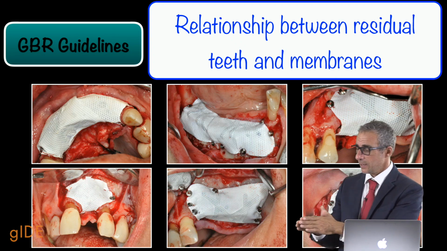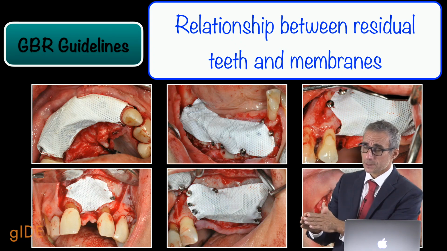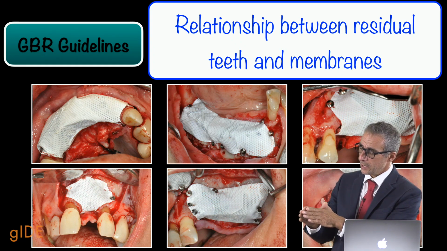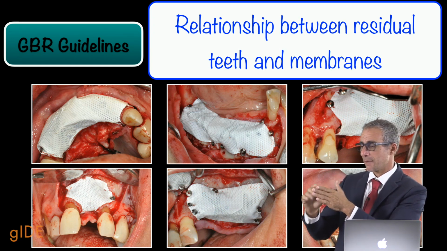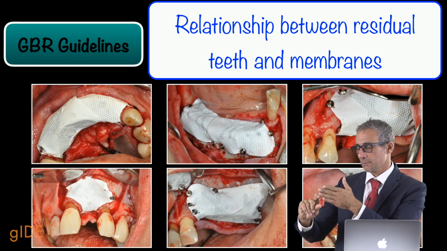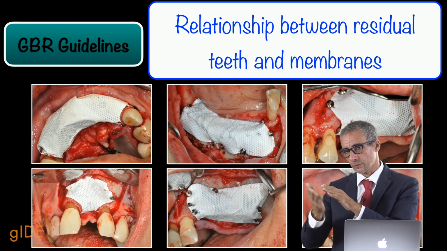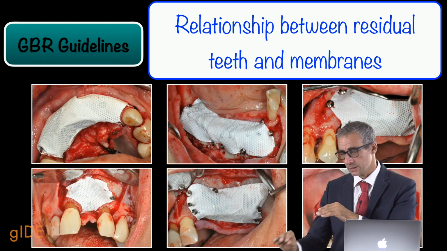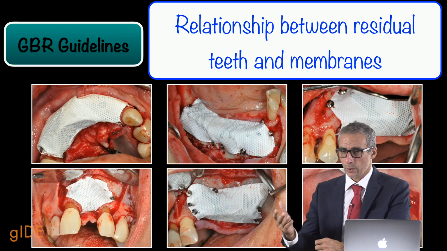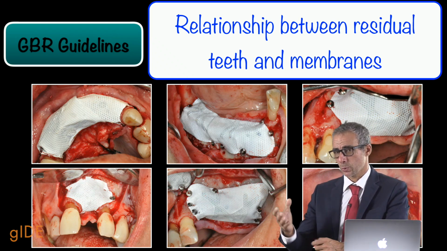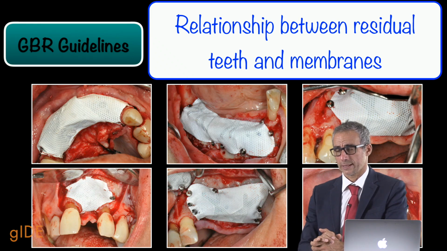Differently, if the flap is left in a coronal position, we could have a space between the inner part of the flap and the residual bone, and we lose the opportunity to have the periosteum contact.